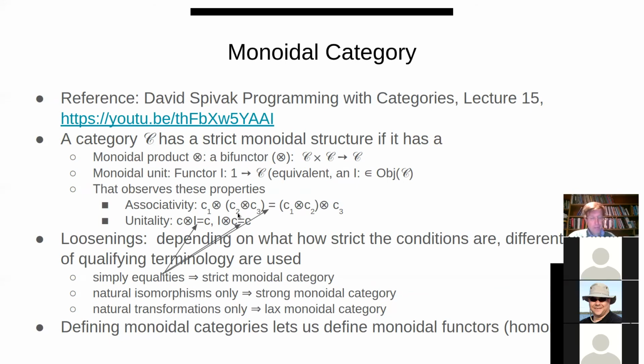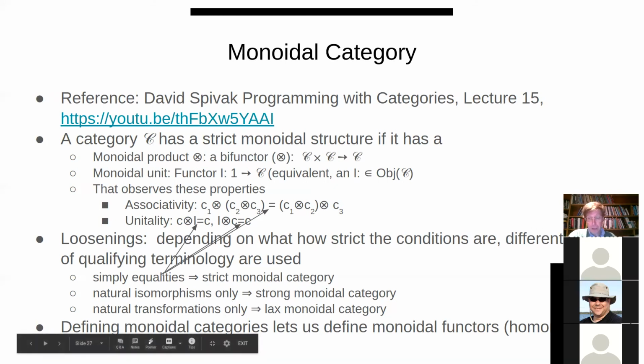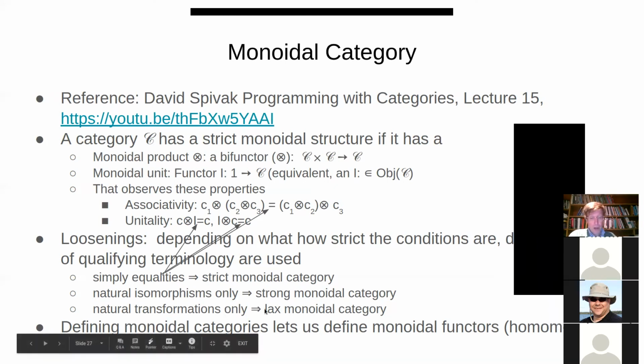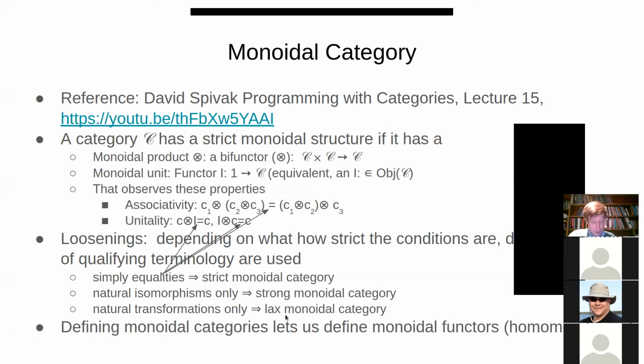Now, there are again different levels of strictness for this, and they have to do with to what degree you have equivalence in these things, or to what degree you have, for example, natural transformations. And one of the things we'll be coming back to for applicatives are lax monoidal categories and lax monoidal functors.